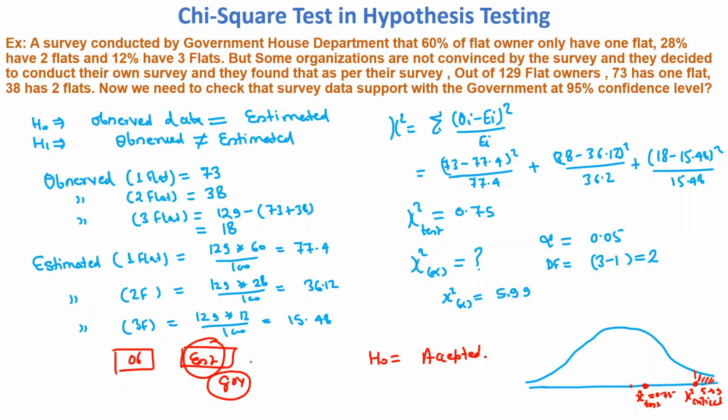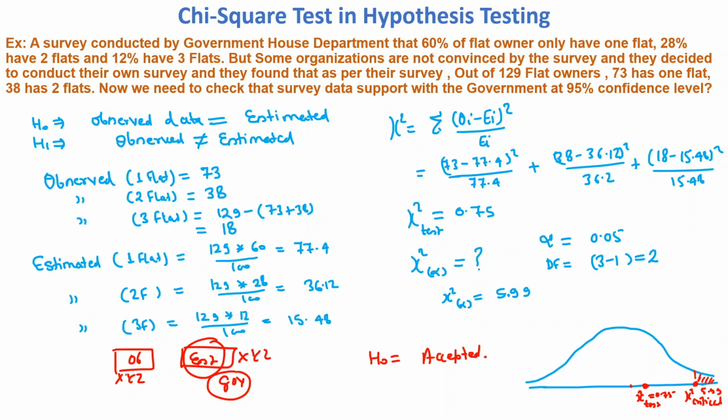The government has done some survey, and on that basis they estimated some data, but some other survey team is not convinced by this data. So they did their own survey, and on that basis they observed some values, let's say x, y, z. Here we also have x, y, z, three values.